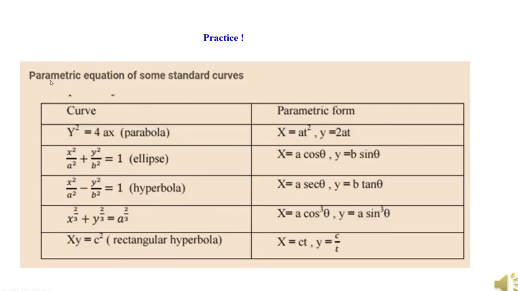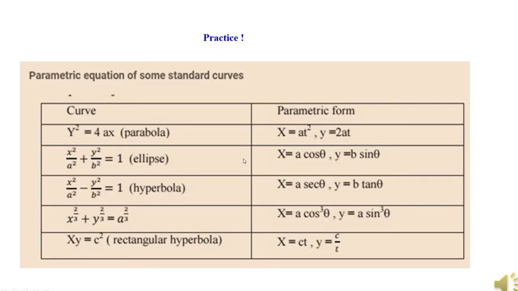Now here you are given the curve and the corresponding parametric form. Problems of this type, finding the radius of curvature in the case of parametric form, were already discussed in the classroom. So a few more of the same kind are given here for you to practice: parabola, this is the parametric form, and for ellipse this, and hyperbola this, and in the case of rectangular hyperbola you have this, and for this curve you have x is equal to a cos cube theta, y is equal to a sin cube theta.